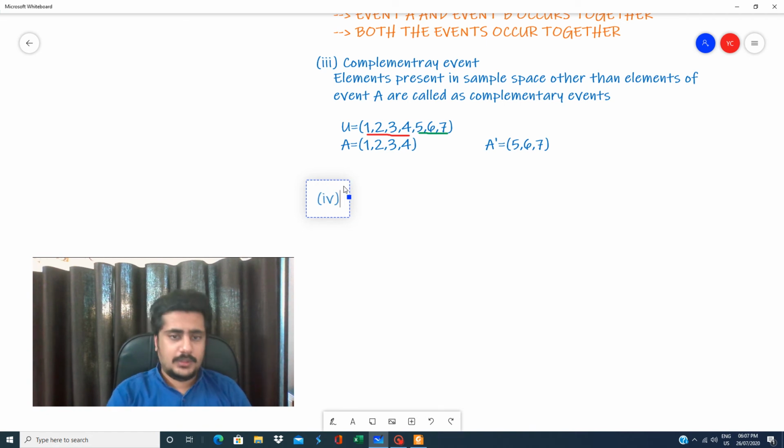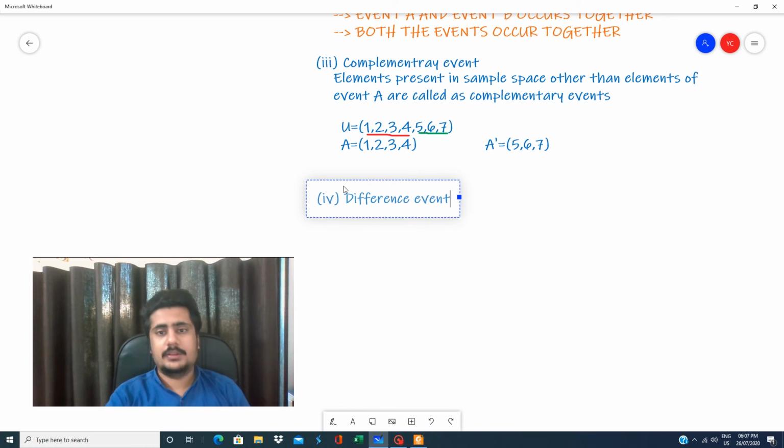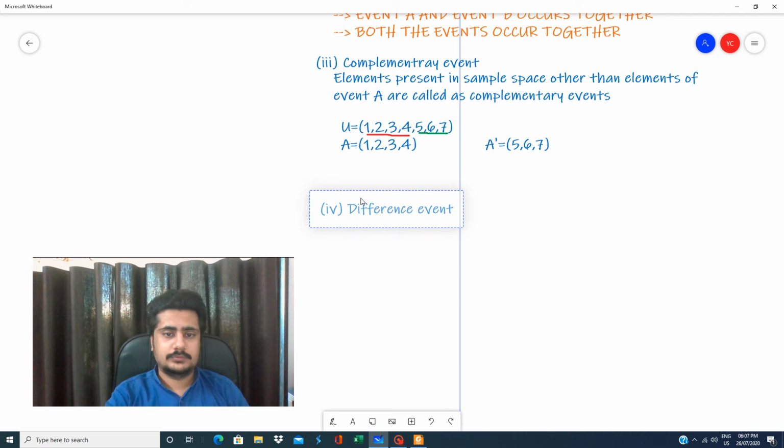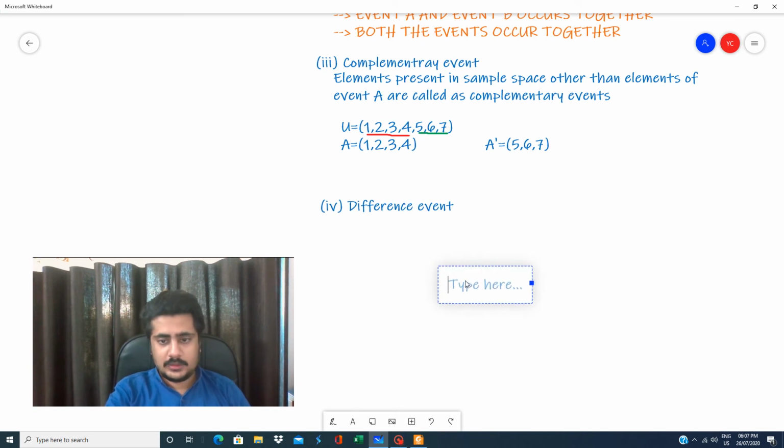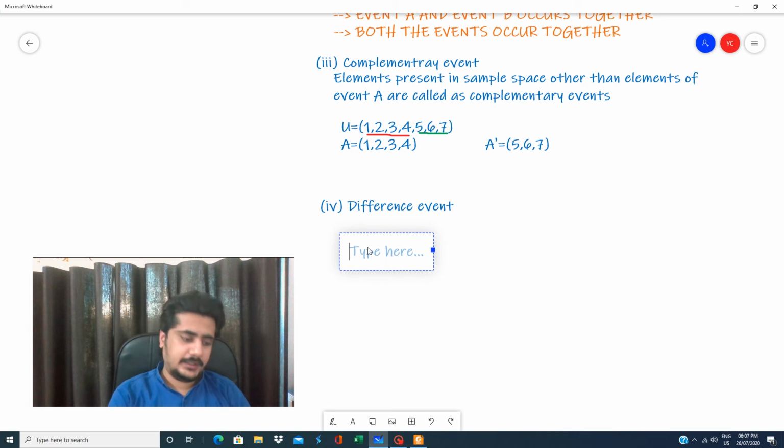Now I'll be teaching you a bit difficult and bit important event. Difference event. What is this difference event now? This difference event you need to understand. There are two types of difference event, I can say.